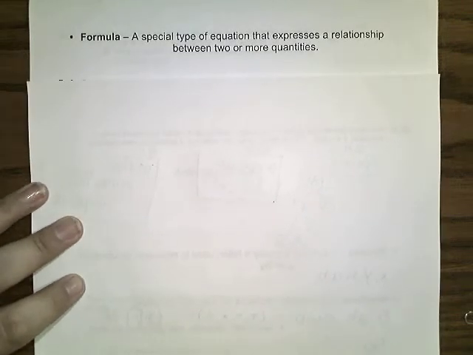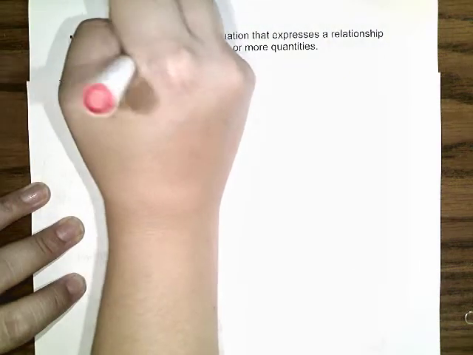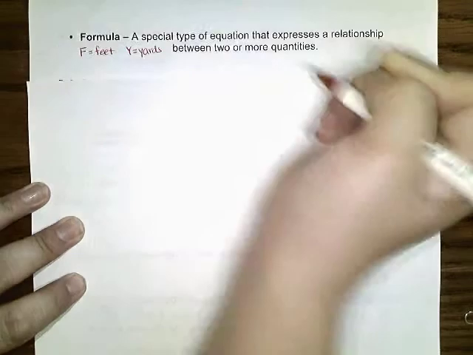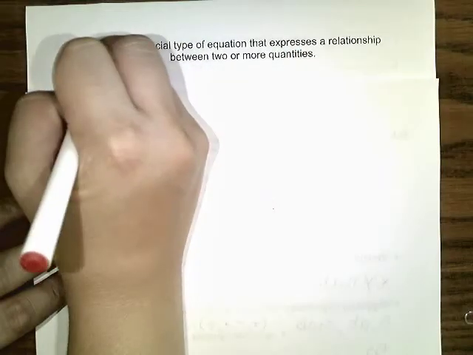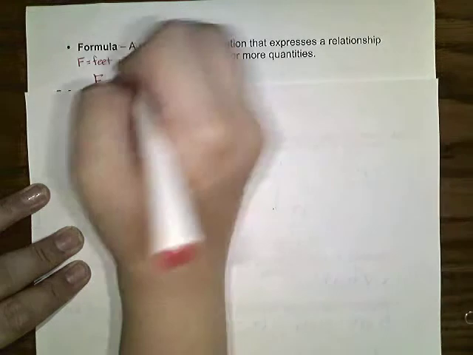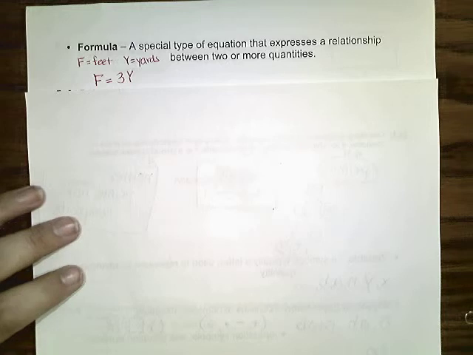So, for instance, when you're talking about converting yards into feet, we could use F to represent feet and Y to represent yards. We would say F, or feet, equals 3Y, right? 3 times the number of yards. So, that's an example of a formula.